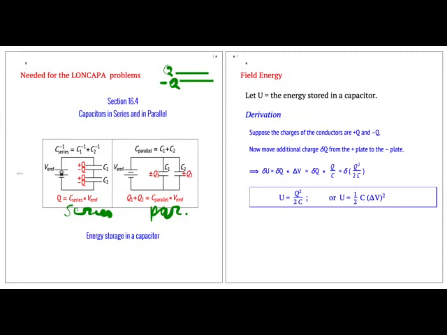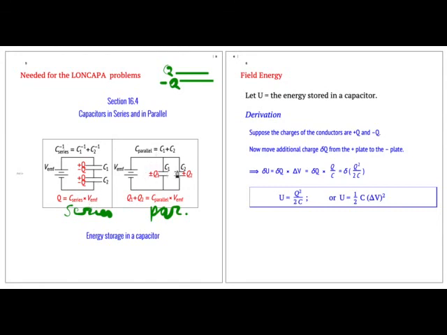So, in other words, there's a loop which goes from the positive terminal through both capacitors, one first and then the other one, and then back to the negative terminal. So you see, they're in series. The circuit first goes through capacitor number 1 and then through capacitor number 2. They're arranged sequentially.